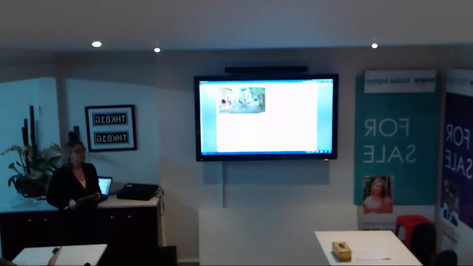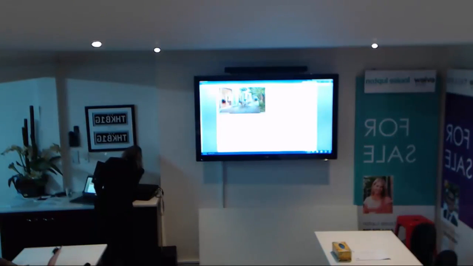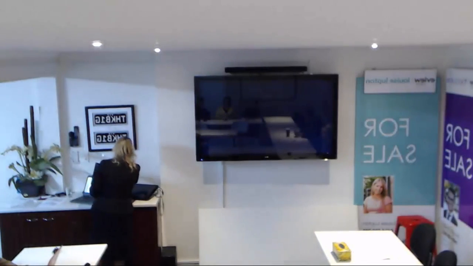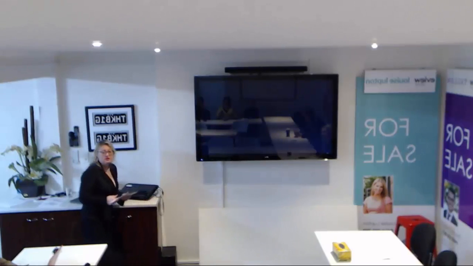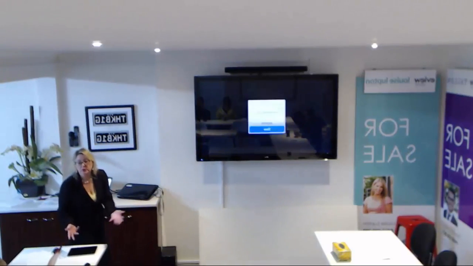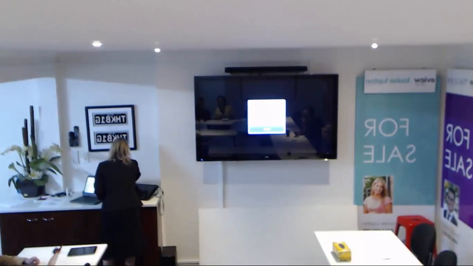It's free, you just need your username and password. What about Android? Android, no, not yet. They always lag behind with Android because the majority of people use iPads and iPhones.